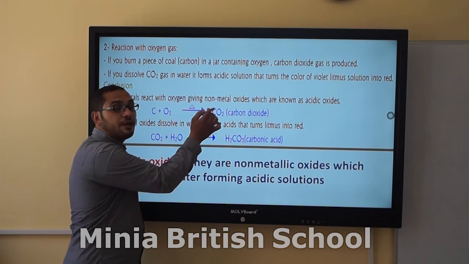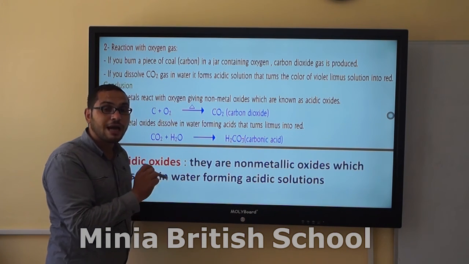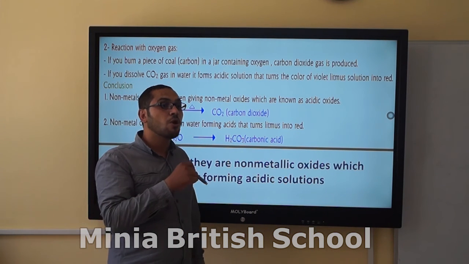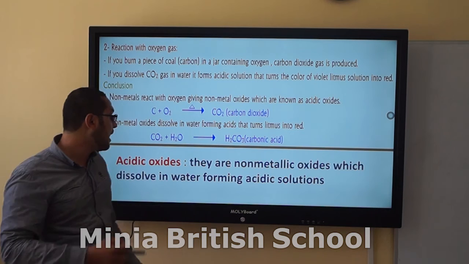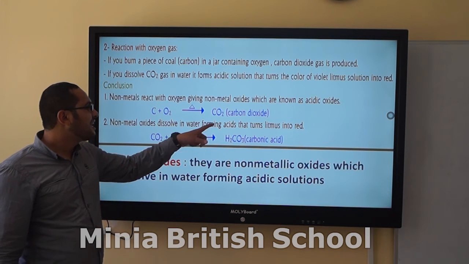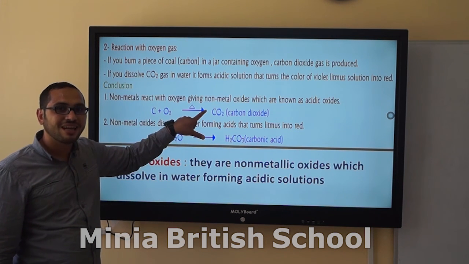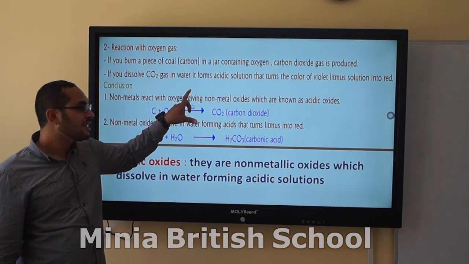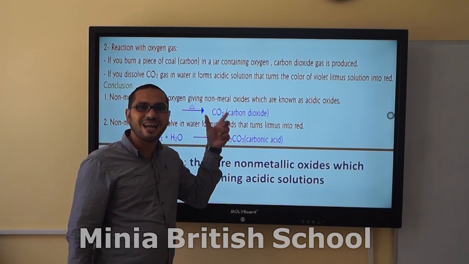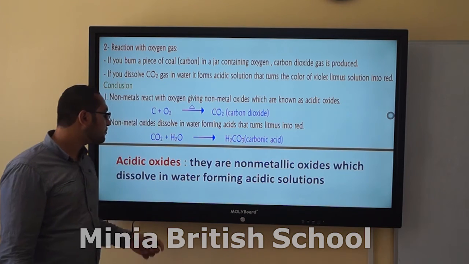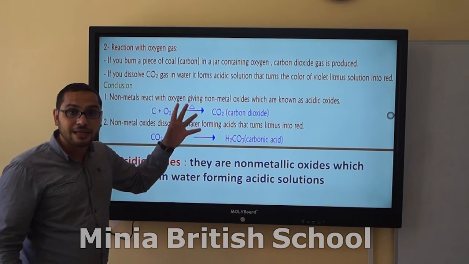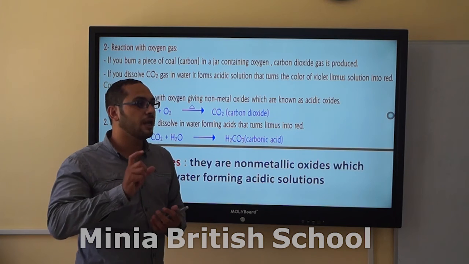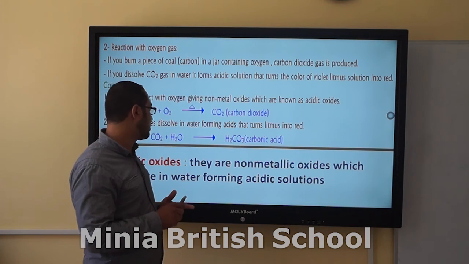CO2 here is called an acidic oxide. So why is it called this name? Because carbon dioxide is a non-metallic oxide, and it can dissolve in water, forming an acidic solution.